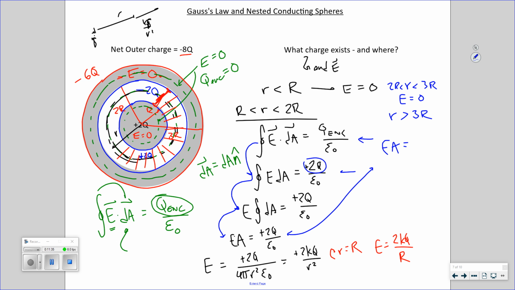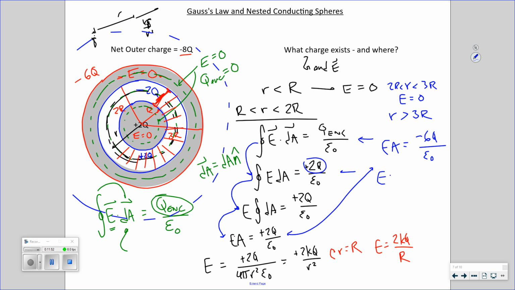Well, inside this Gaussian surface of a new radius r, outside of 3R, our Q enclosed is both of those charges, which is negative 6Q over epsilon naught.